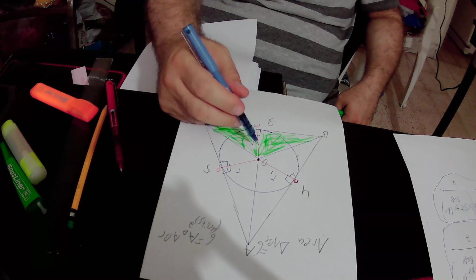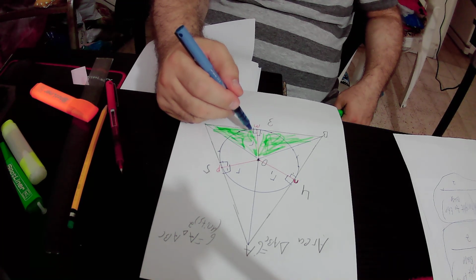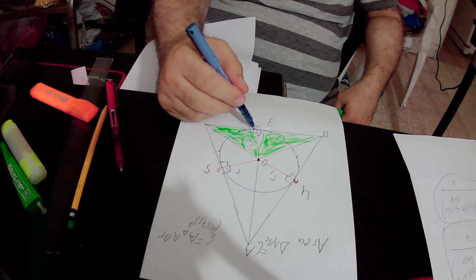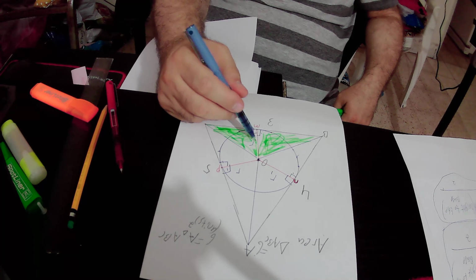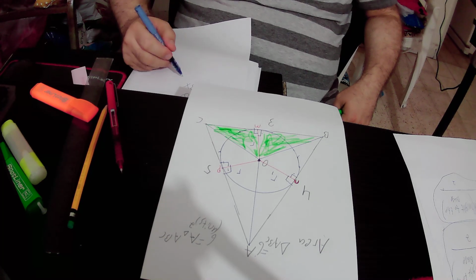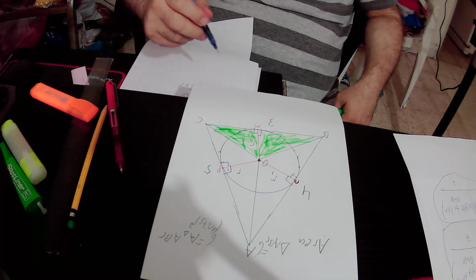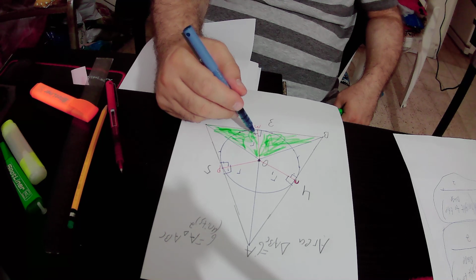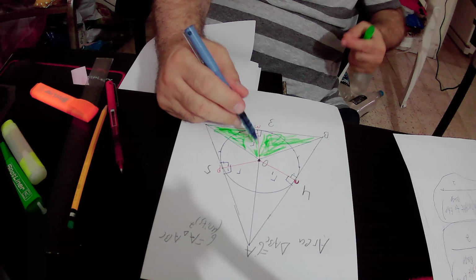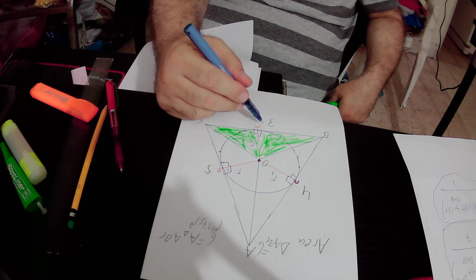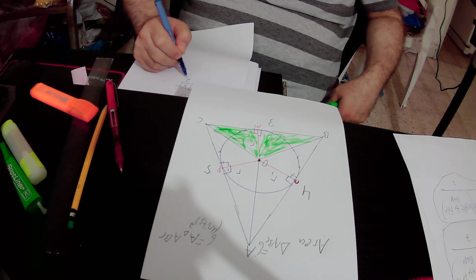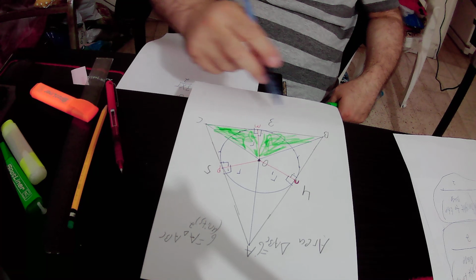times the height to the base. The height to the base of the green triangle equals the radius of the circle, because the radius R creates 90 degrees with the base. For that reason, the radius is the height of the green triangle. So it is 3 times the radius divided by 2. That is the area of the green triangle BOC.